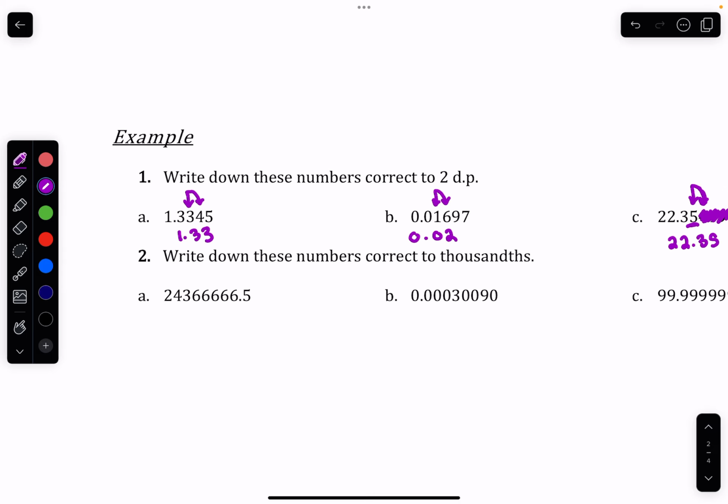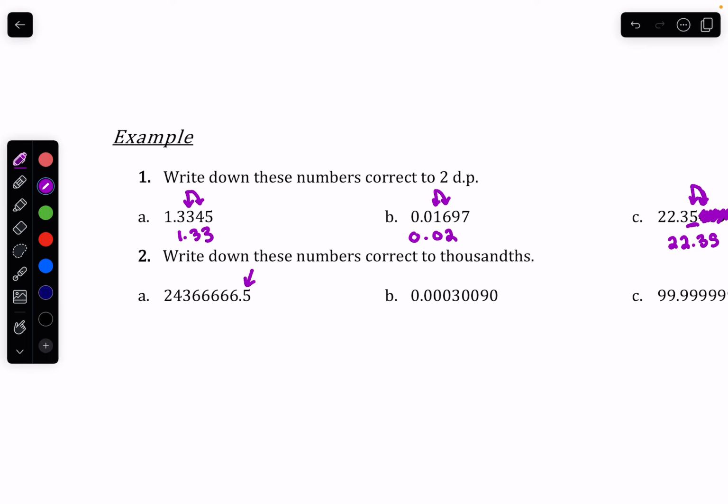Okay, part number 2, A. 2436666.5. It wants me to write down these numbers correct to the thousandths place. So the thousandth, if you remember, that's the third number after the decimal. Well, when I look at this number that it wants me to round, there is no number that goes that far.